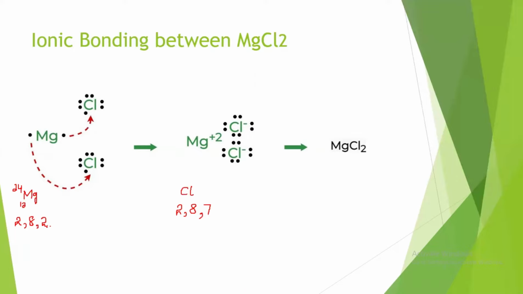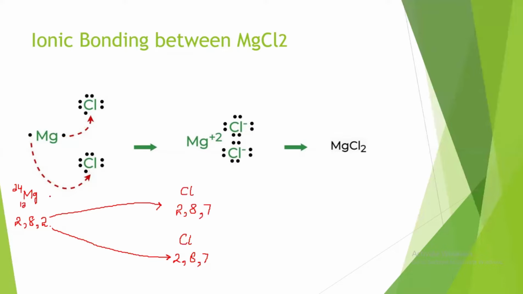So it is going to lose 2 electrons, which are gained by 2 chlorine atoms. So 2 chlorine atoms would be like this. Now 1 electron would be transferred here, and 1 electron would be transferred here.